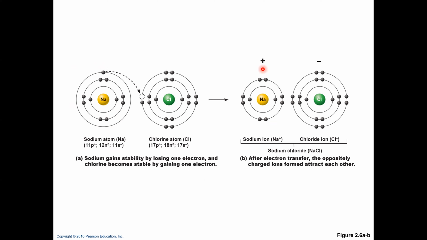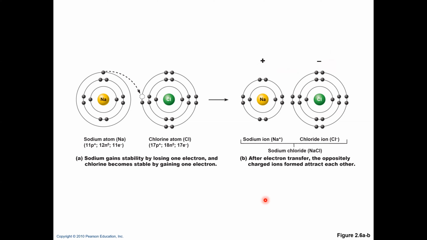We call it a cation. Now, when chlorine accepts 1 extra electron, right, over here, now it has 17 positive charges and 18 negative charges. So it also becomes an ion, but it's a negatively charged ion. So it's a chloride ion, and it's an anion. And now we have a positive ion and a negative ion, and they attract each other.